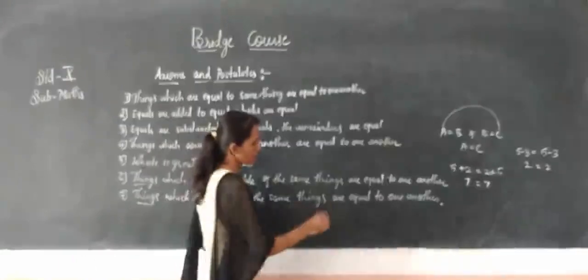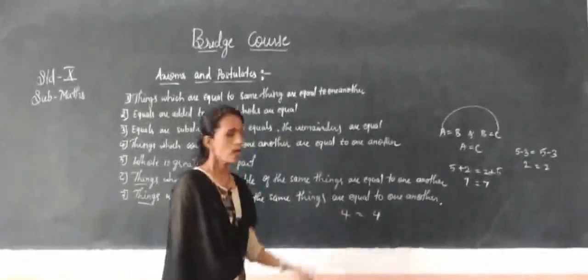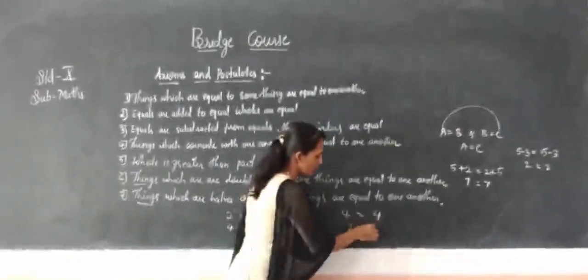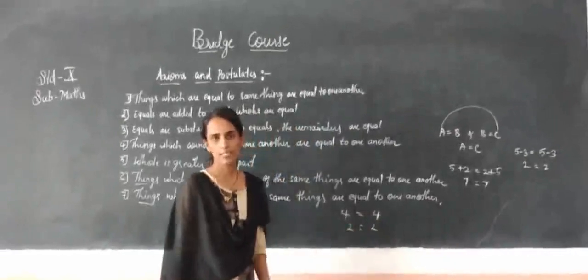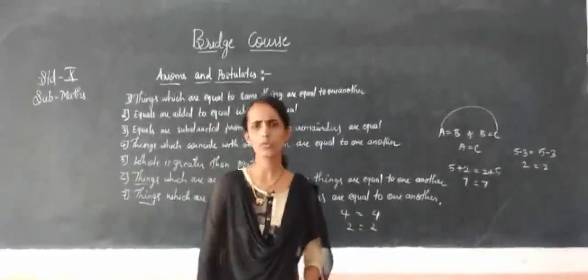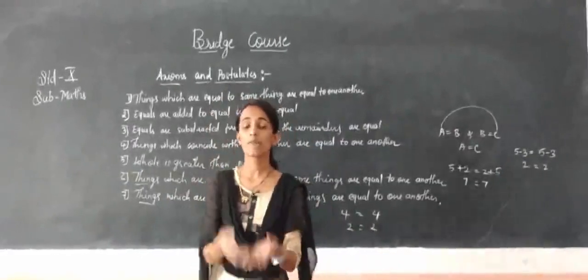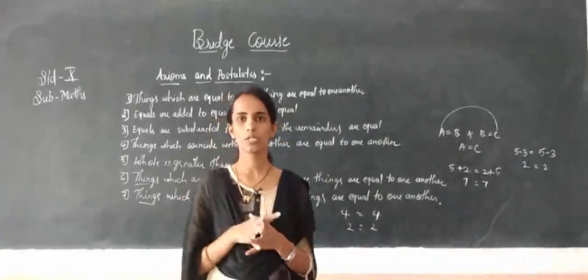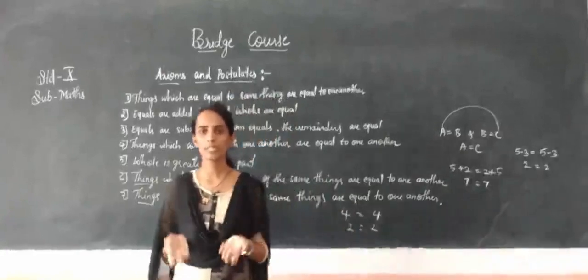For example, 4 is equal to 4, the complete parts. Half of 4 is 2 and half of 4 is again 2, so the halves are equal. Whatever things you take, not only numbers, the halves of the same things will be equal.